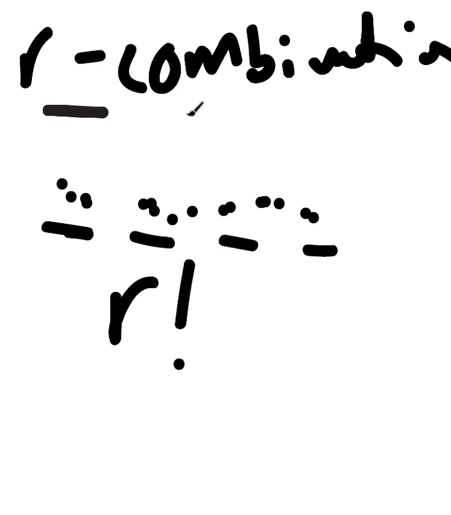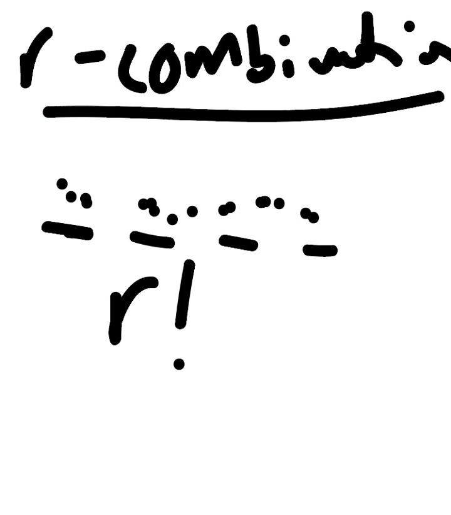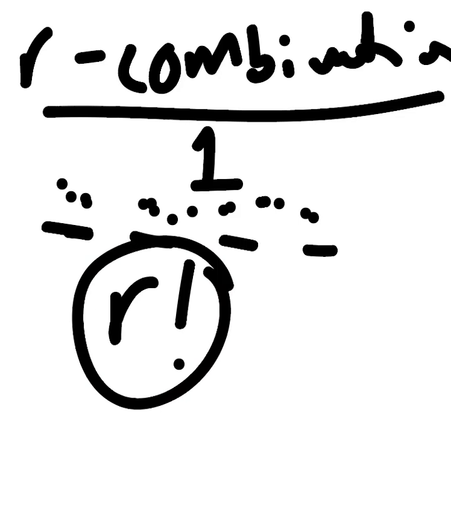But how many combinations are there? Well, you're only putting R objects in R spots, so there's exactly 1 combination. For 1 combination, there are R factorial corresponding permutations. Hopefully that should be clear.